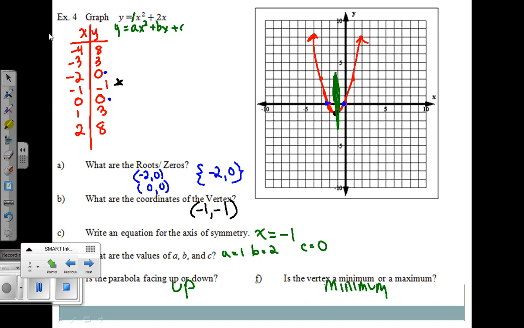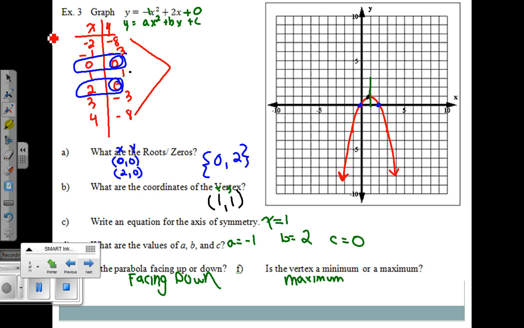Now, in this example, the parabola is facing up, but c was 0, so c doesn't have anything to do with it. And in the previous one, the parabola is facing down, c equals 0, so c doesn't have anything to do with why the parabola faces up or down.